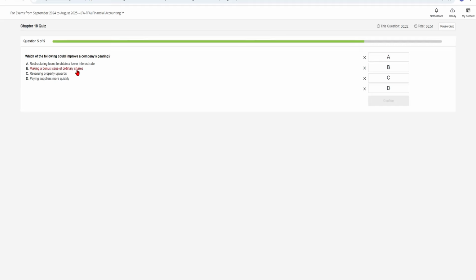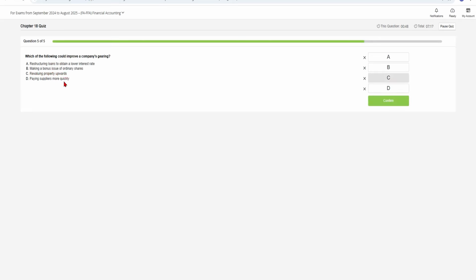As I said, a bonus issue has no impact on the gearing ratio or on the equity portion. Now revaluation of the property upward. If we revalue the property upward, our equity portion will increase, and equity being the lower part of the ratio, it will decrease the overall gearing ratio. I mean, improve the overall ratio. That means C is our correct answer.